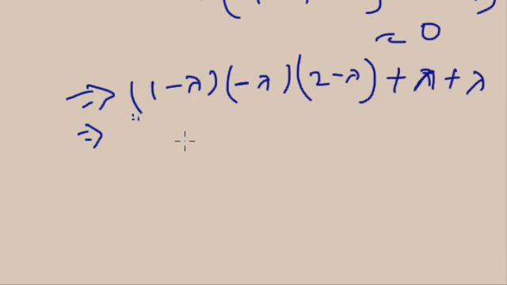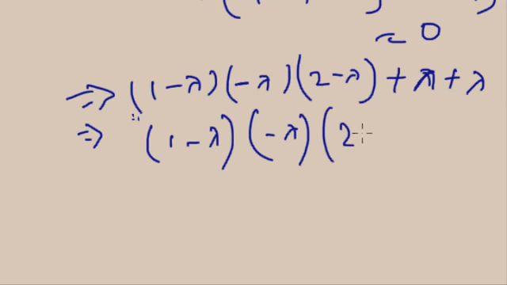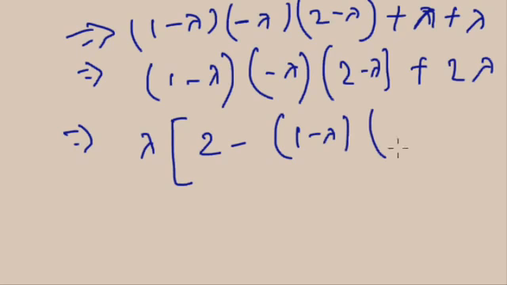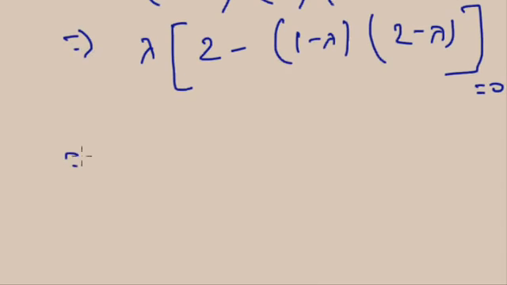This is equal to (1 minus lambda)(2 minus lambda) plus 2 lambda. Taking lambda as common, lambda into (2 minus 1 minus lambda into 2 minus lambda) is equal to 0.